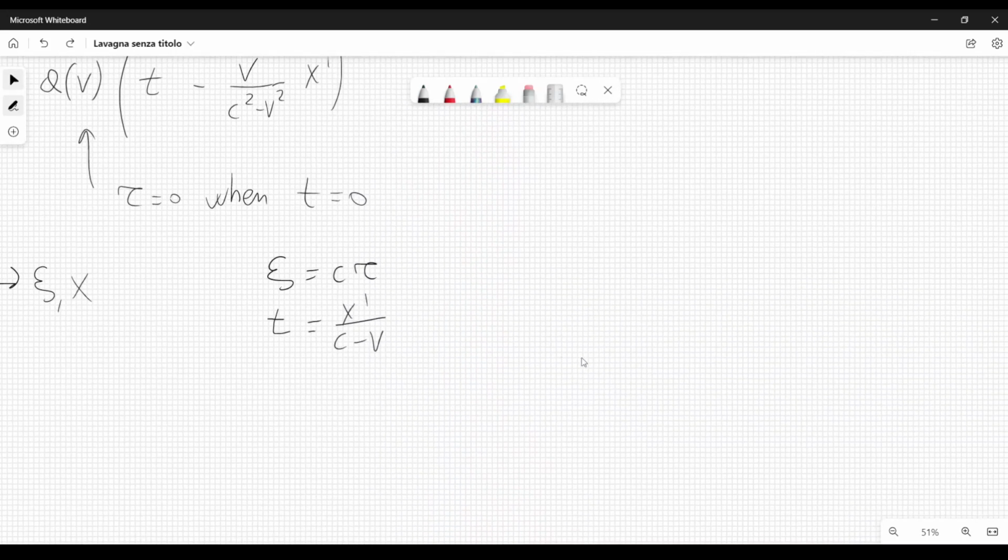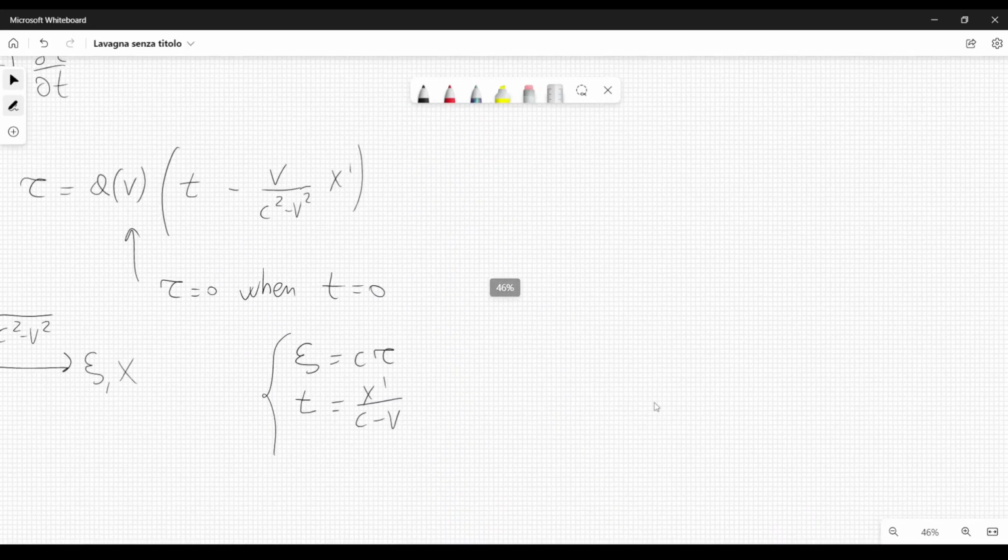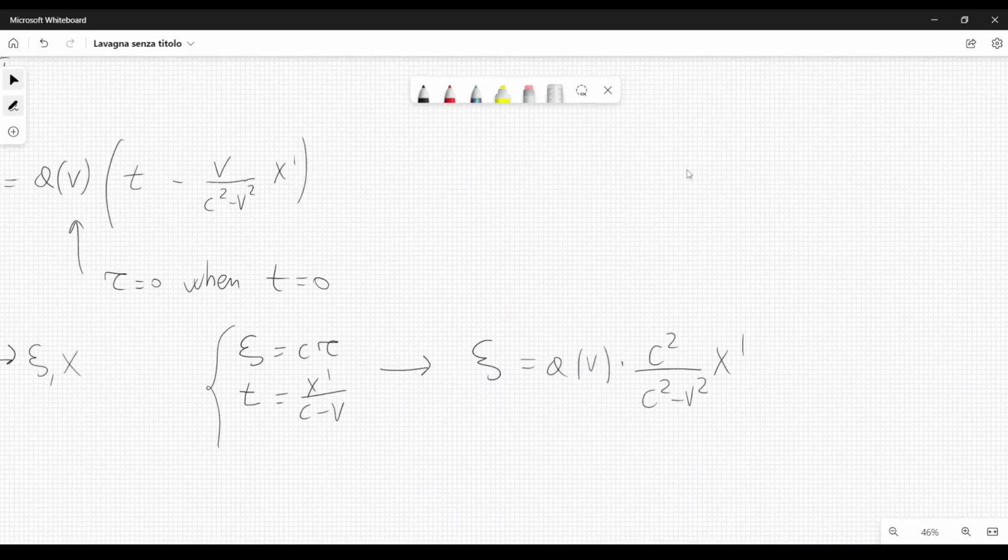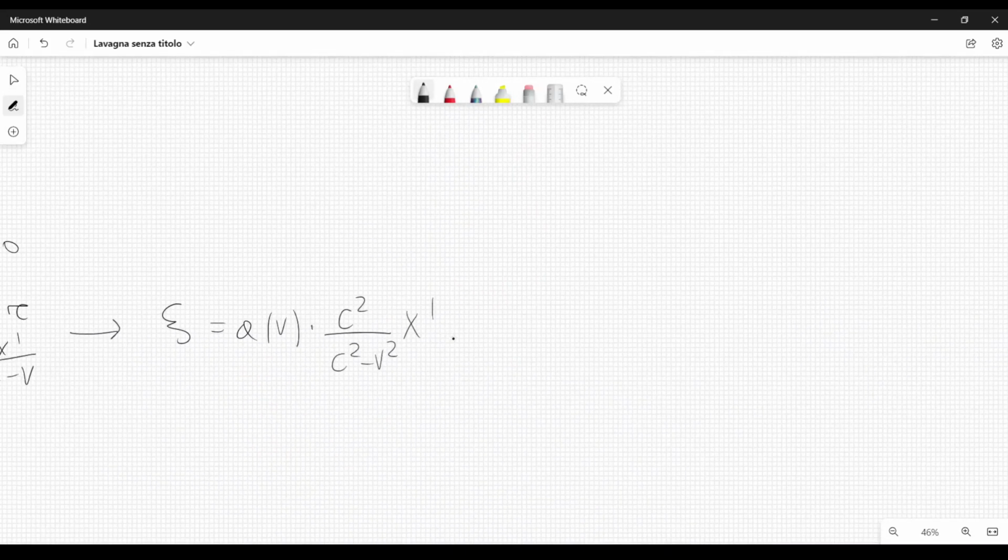Then, if you put together these two expressions, and remember that tau can also be written like this, you can rewrite this in this fashion: xi equal to a(v) times c²/(c²−v²) times x', and this can be rewritten in this fashion: a(v) times c/√(c²−v²) times cx'/√(c²−v²).